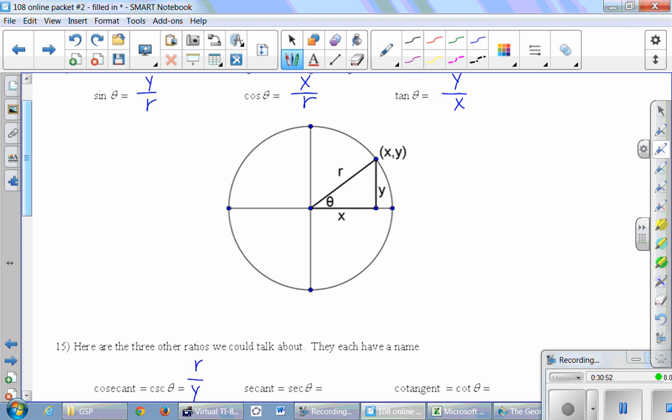Secant, new function, abbreviated SEC, is just the reciprocal of the cosine function. So secant theta, looking up above, must just be r divided by x. Just flip over the cosine function. And then cotangent, new function, abbreviated COT. Cotan theta is the reciprocal of tan theta. So looking up above and flipping it, you see that cotan is x over y.